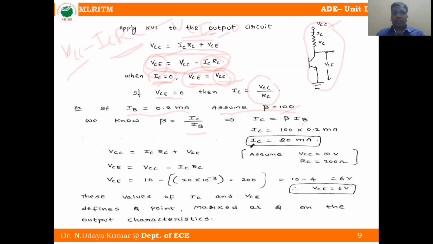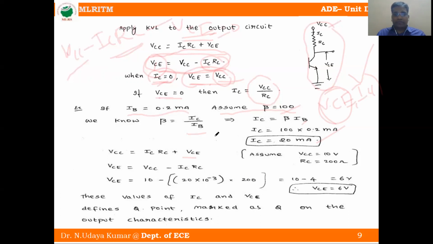So what do we mean by Q point? We want to find VCE comma IC. Now we have the IC value, and we want to find the VCE value. From the equation, VCC is equal to ICRC plus VCE, so VCE is equal to VCC minus ICRC.